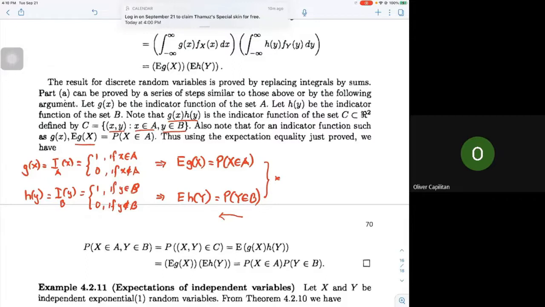Hanggang dyan lang siguro ang discussion natin ngayong hapon. This is all for section 2 of chapter 4. So next meeting, I'm going to proceed now to section 3 of chapter 4.